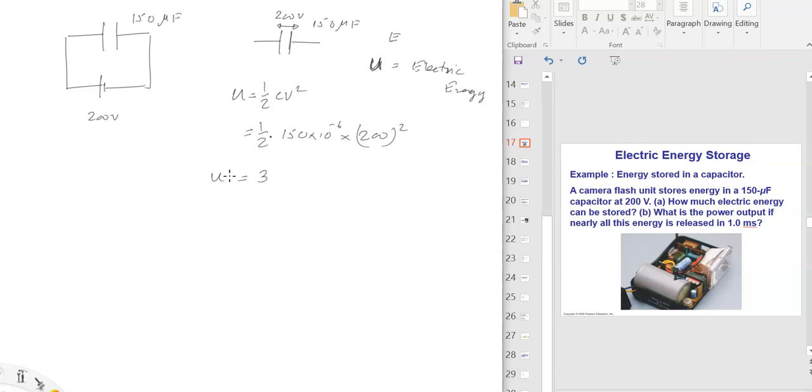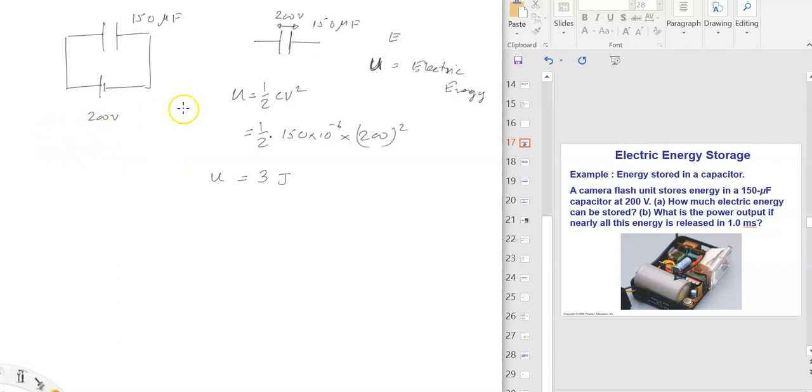We talk about different terms for energy. When it comes to electrical energy, we prefer joules, so it's going to be just 3 joules. Another unit for energy is newton meters, but that is mostly for kinetic things. If something is moving or rotating, we prefer newton meters. When it comes to electrical energy, we stay with joules. So the energy stored in this capacitor is 3 joules.